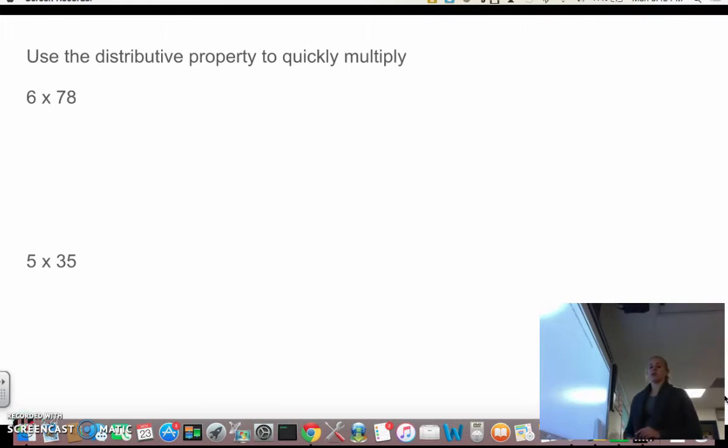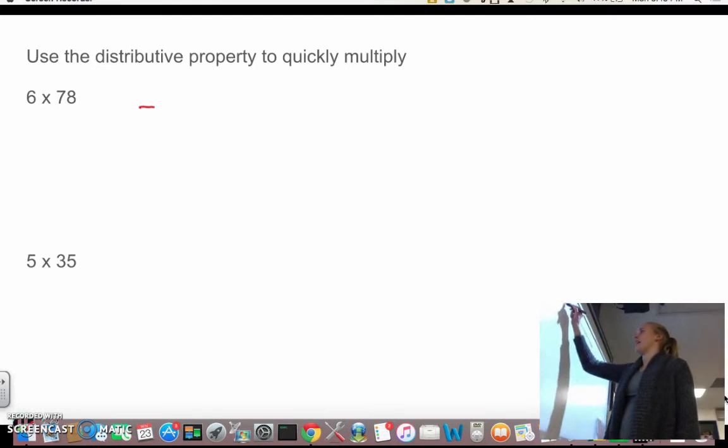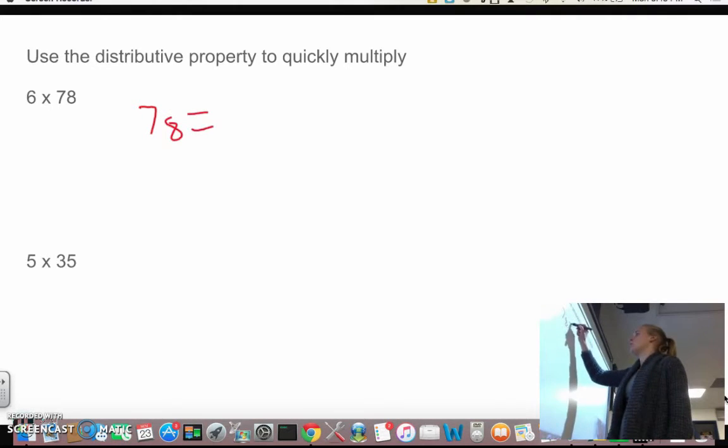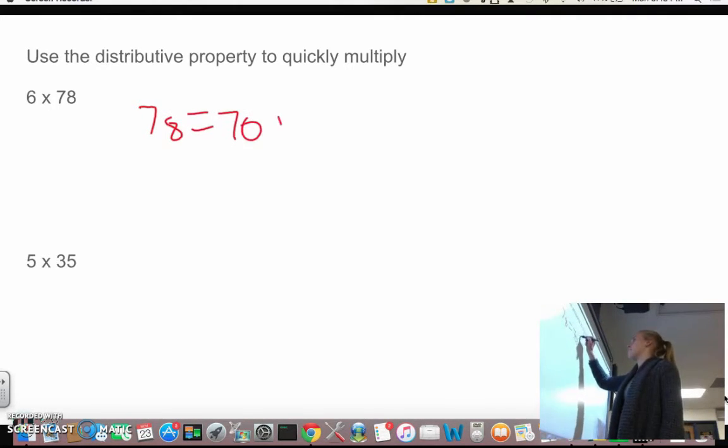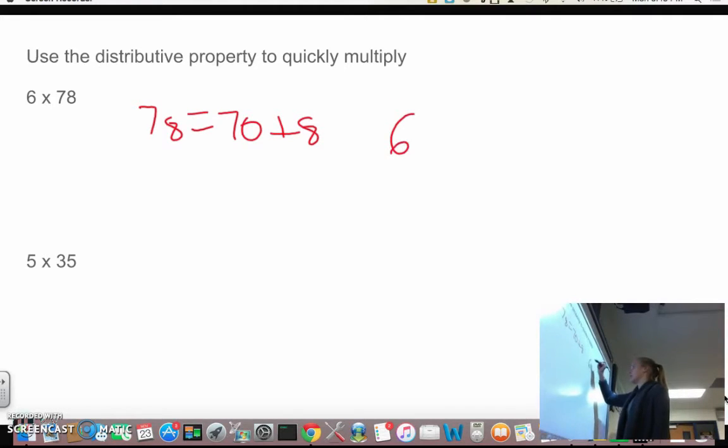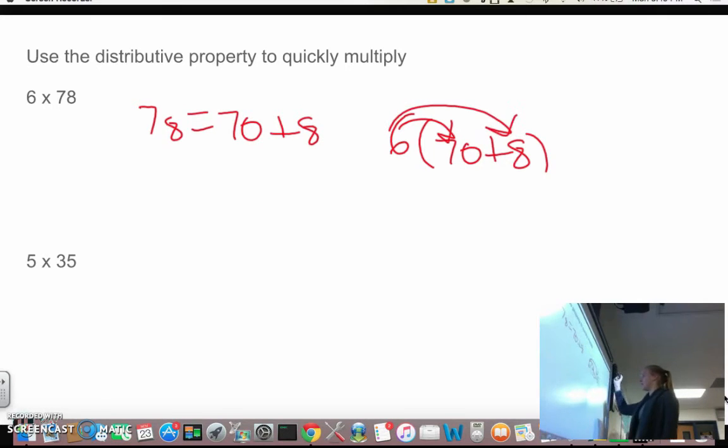So we can also use the distributive property to quickly multiply. So in our example of 6 times 78, we know that 78 is equal to 70 plus 8. So we can do 6 times 70 plus 8. So we'll do 6 times 70 first, and then 6 times 8.